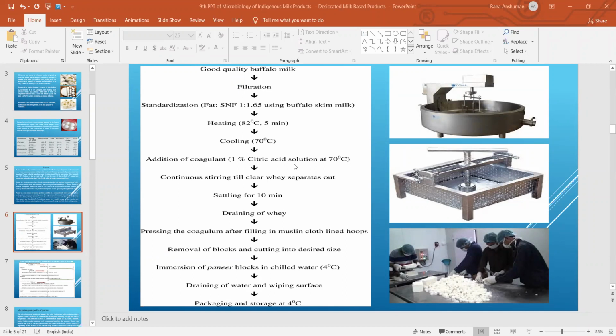Whatever demand you are getting from different areas or from your market, accordingly you have to cut it into different small pieces. Thereafter, immersion of paneer blocks in chilled water at 4 degrees centigrade, drainage of water and wiping surfaces of paneer, and thereafter you have to pack it in different packaging material and store it below 4 degrees centigrade.